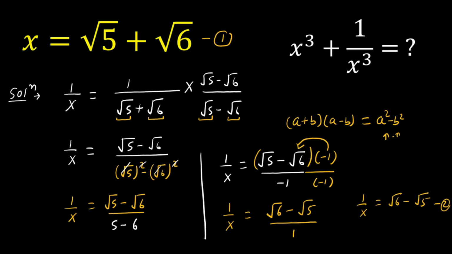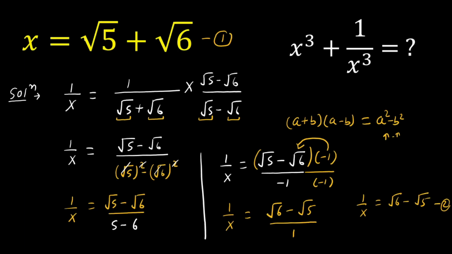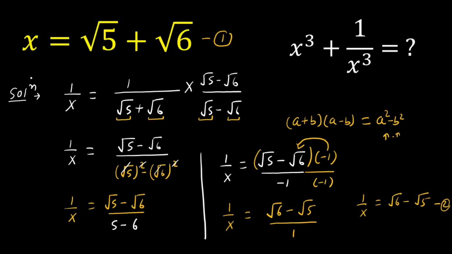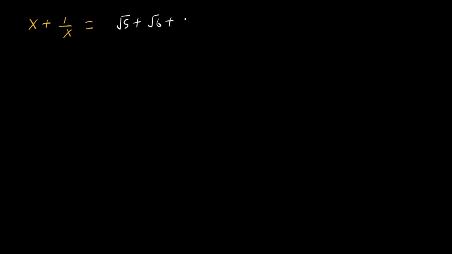Now if we add both the equations, then on the left-hand side x plus 1 over x is equal to, and on the right-hand side square root of 5 plus square root of 6 plus square root of 6 minus square root of 5.